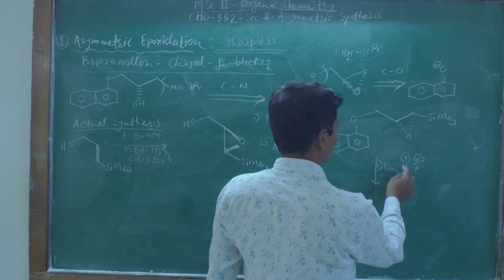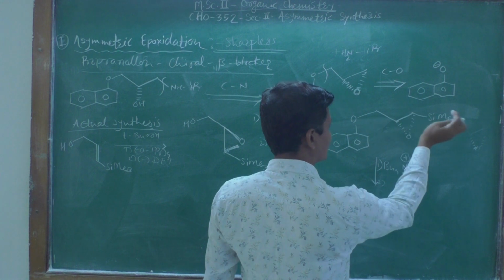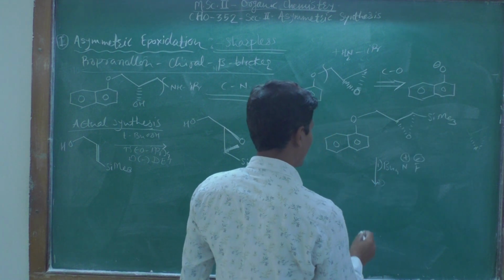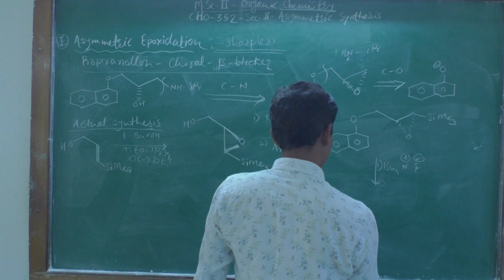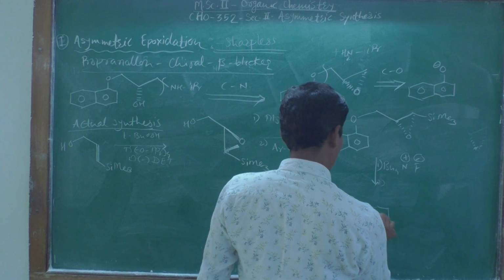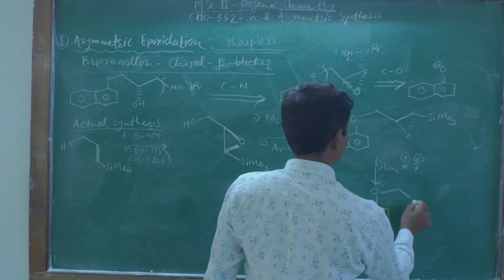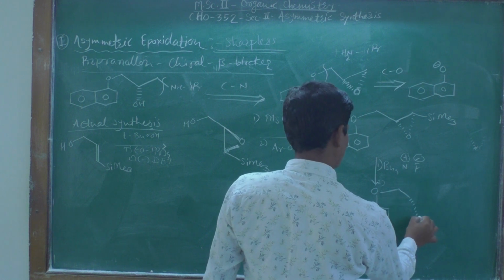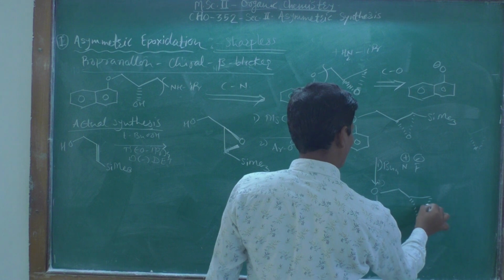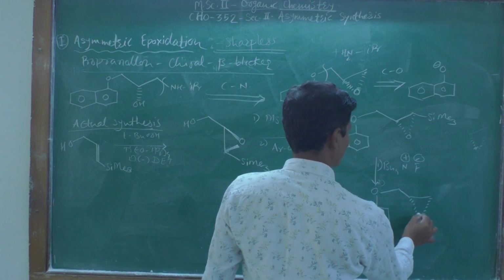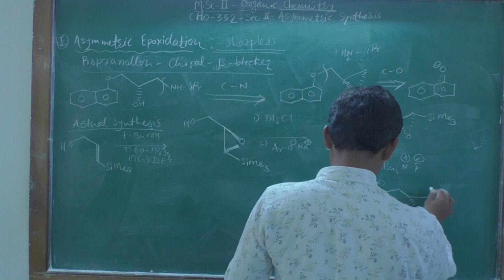When we use this reagent, it simply delivers a hydrogen atom at this place, and that's why we have this naphthyl ring O CH2, only this simple structure.